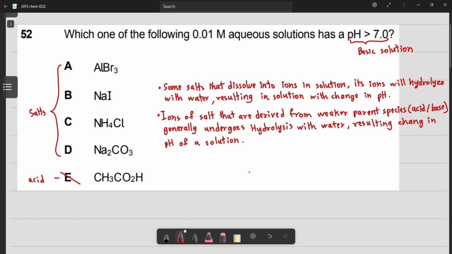The byproducts depend on what type of compound the acid is, whether carbonate or hydrogen chloride, and also on the sodium hydroxide, the base and alkali. It depends on the composition of those acids and bases that will determine whether the salt is going to be an acidic salt or a basic salt.